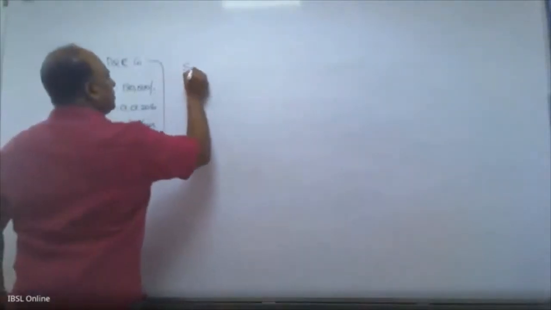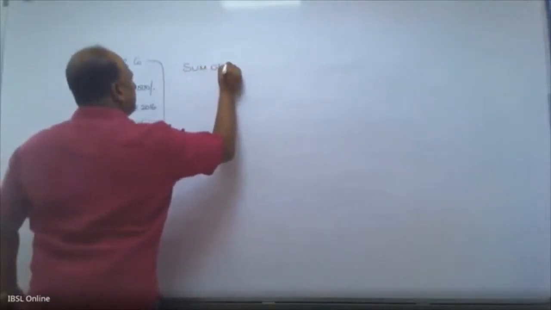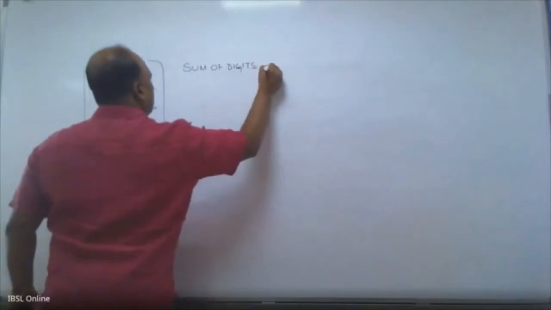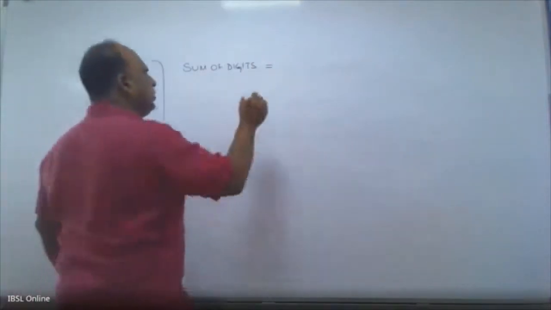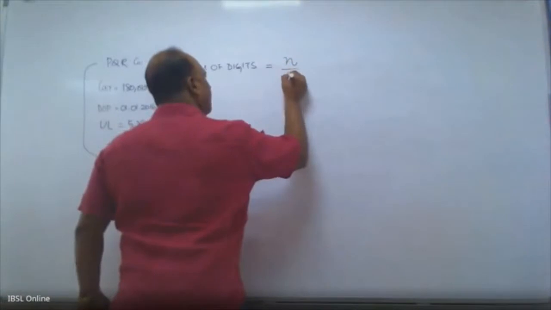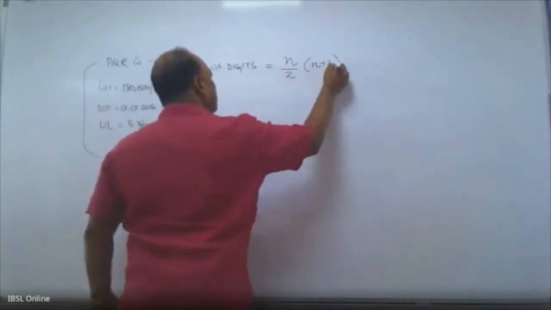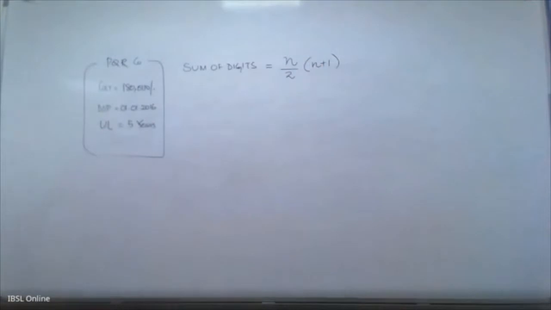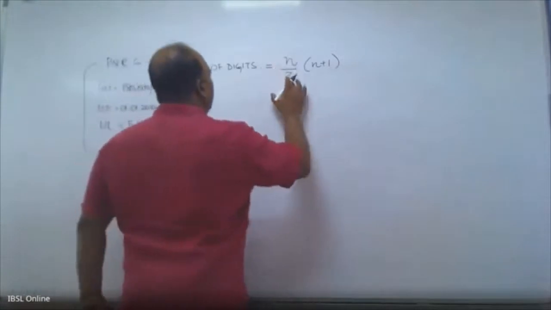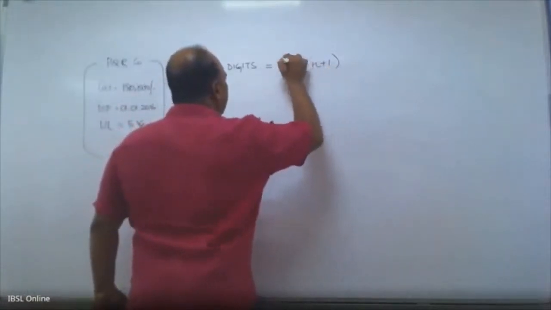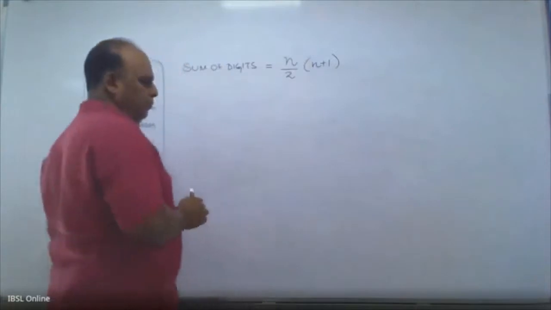Sum of digits is equivalent to n divided by 2 into n plus 1. This is a formula that you would have seen when you were doing mathematics in grade 6, 7 or maybe 8. Now what do they say? N is the useful life.